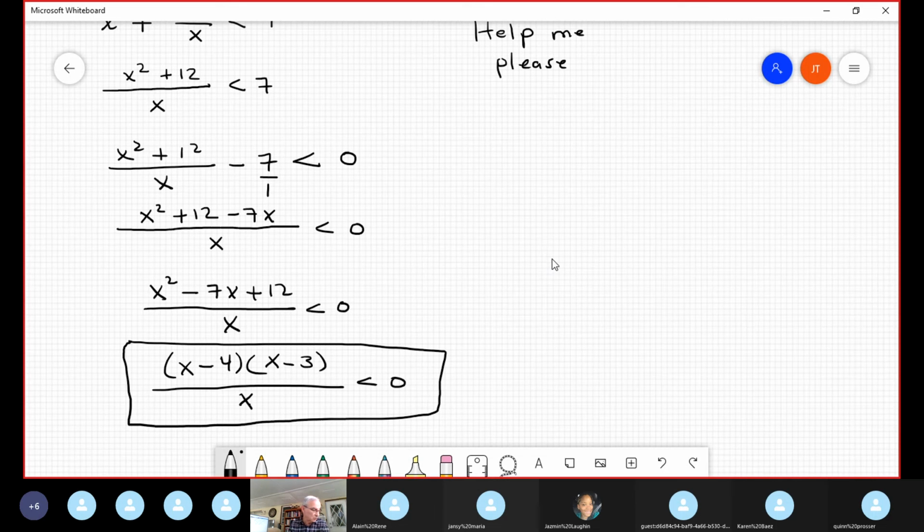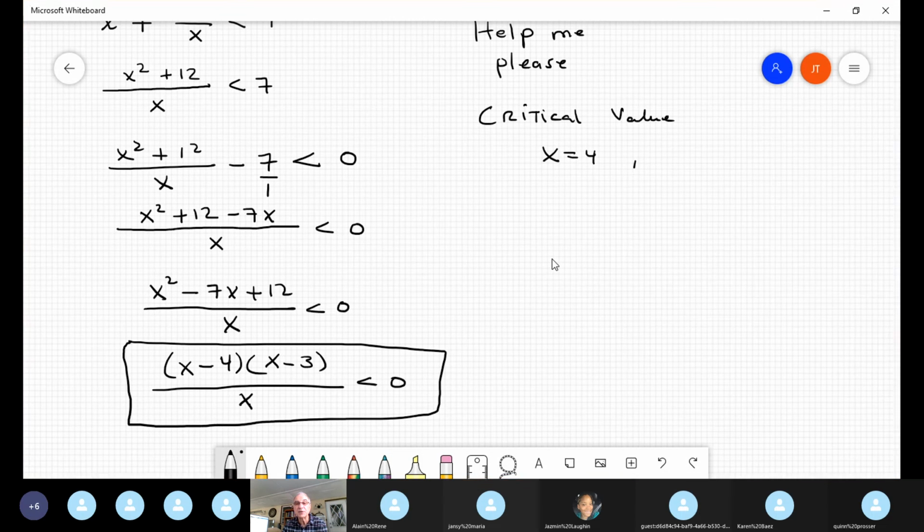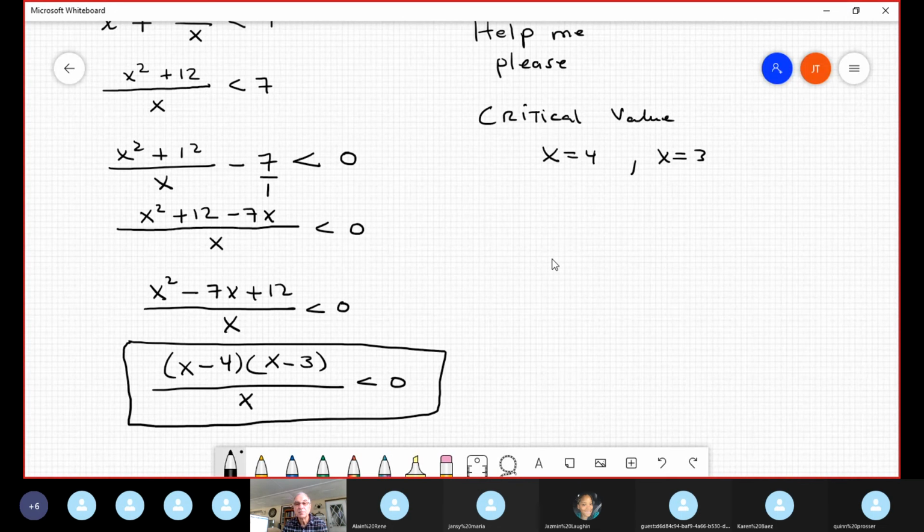Entonces, when the factorization is done, you are ready to determine the critical values. Es obvio that the critical values on the top are 4 and 3. Yes or no? And the critical value on the bottom is 0.